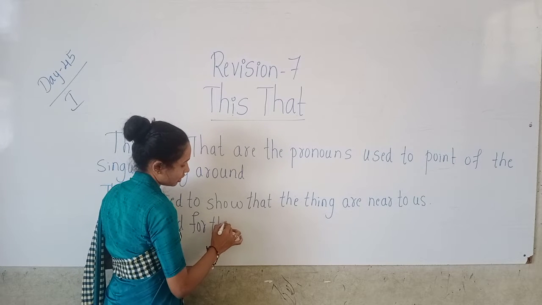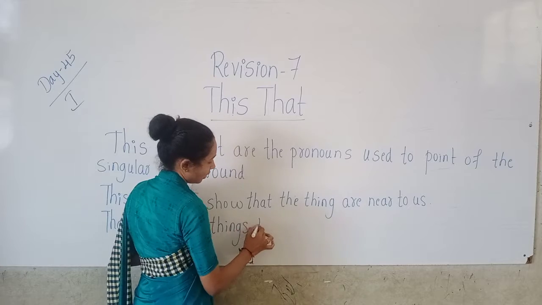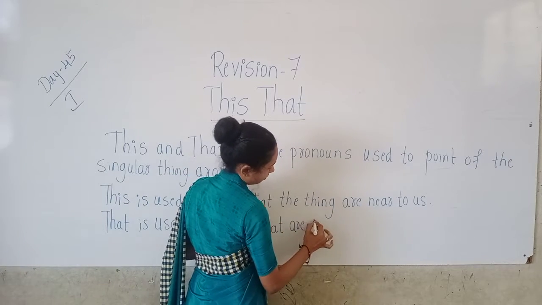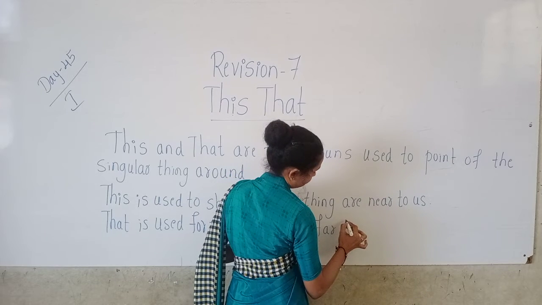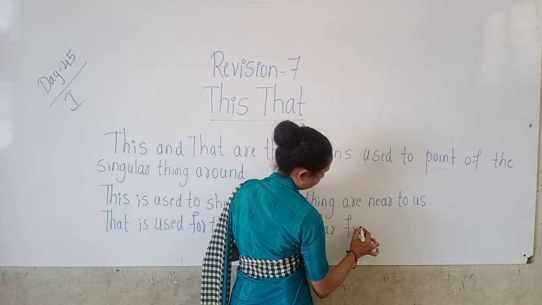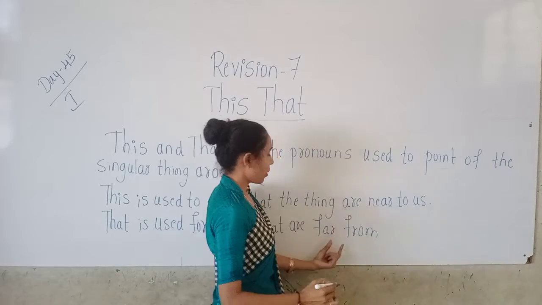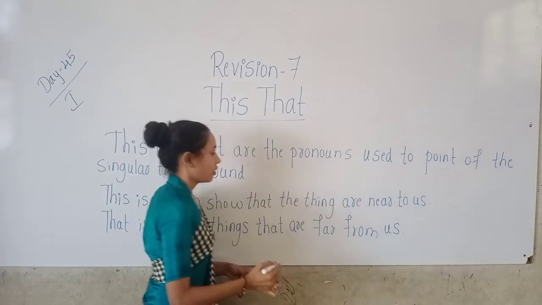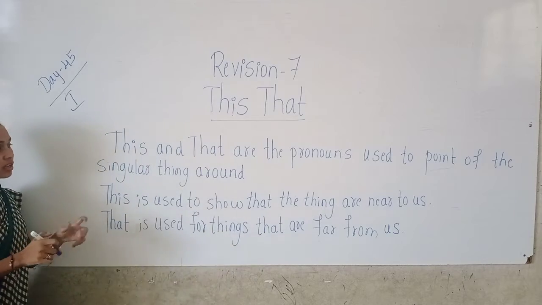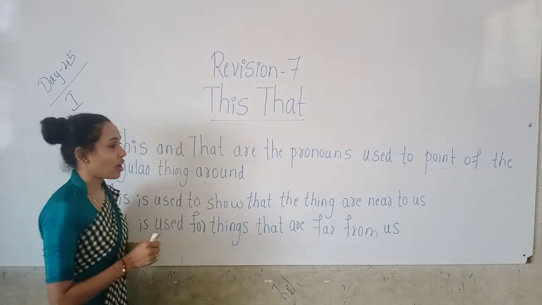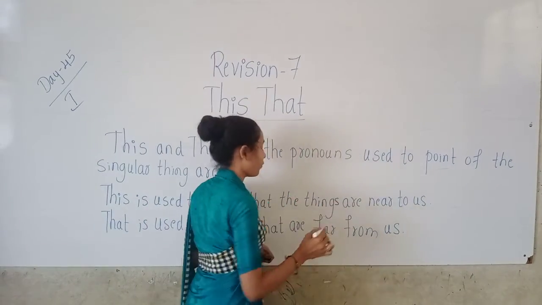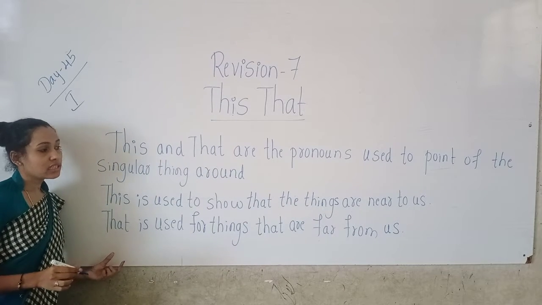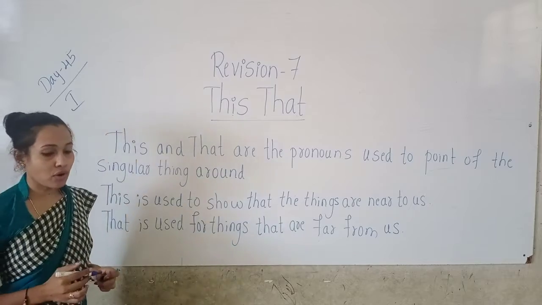Near means samipa, far means dura. So this we are using to show the things near to us, and that we are using for the things which are far from us, children.